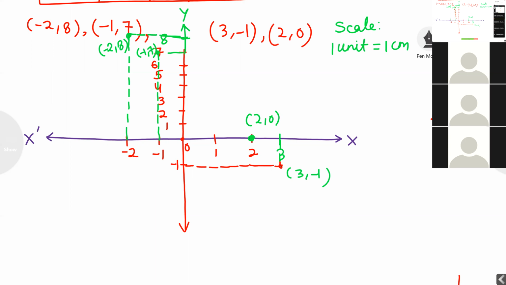Okay, students, completed. Next, example second.